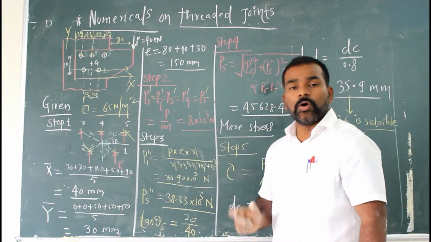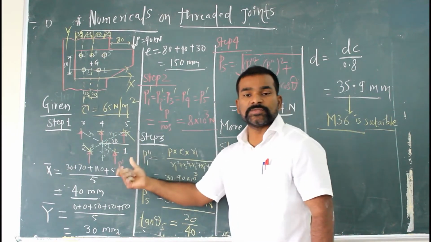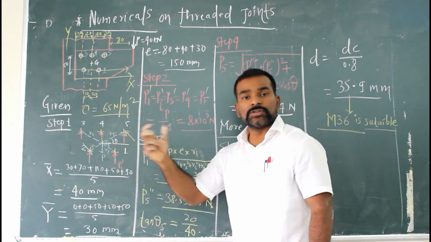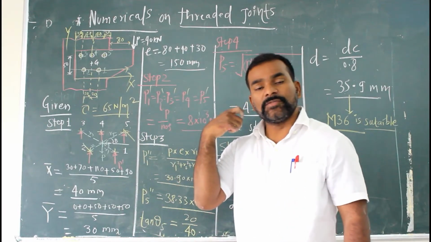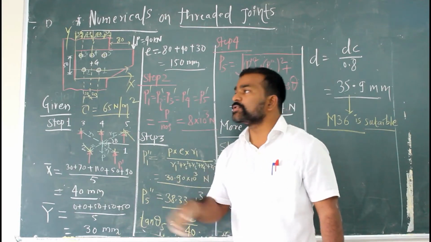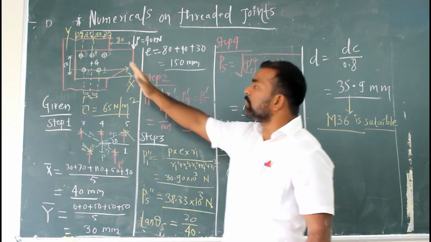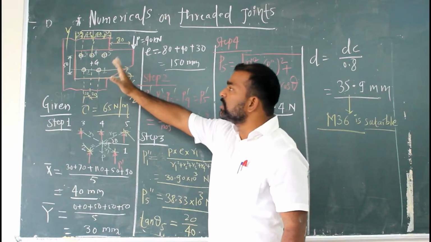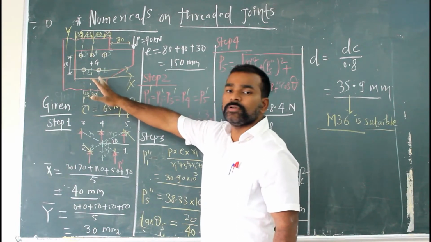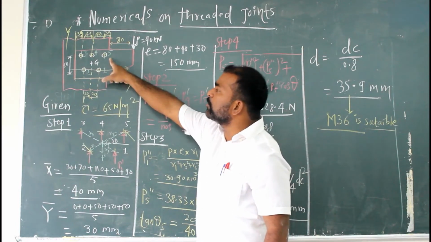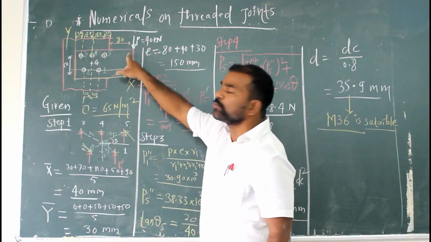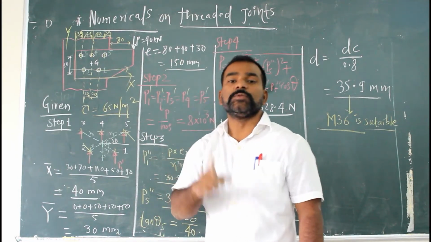It is not possible all the time to calculate the secondary forces for each bolt. Suppose in the exam they have given 10 bolts. It is not possible to make the equation 10 times. So always remember that after reading the structure you understand which is the nearest bolt. In this case, as per my notation, the 5th bolt is nearer to the load. So that bolt has maximum stress.